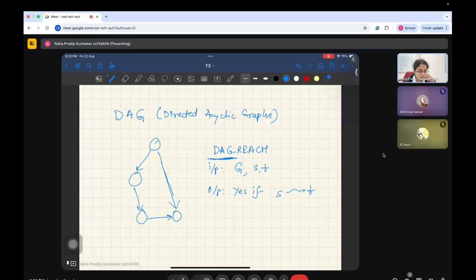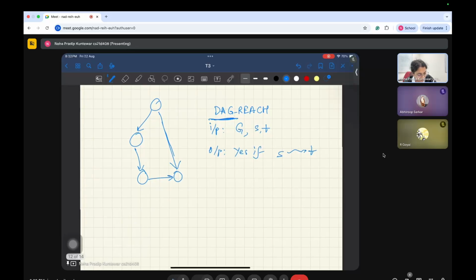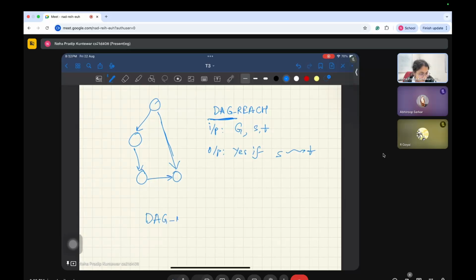So now if I tell you to come up with a reduction from DAG reach to cycle, we wanted cycle, right?